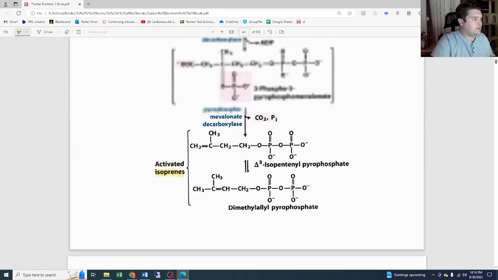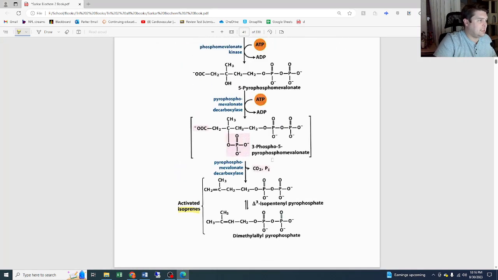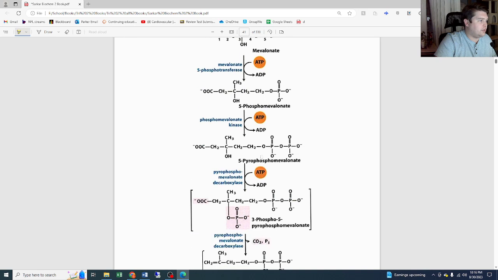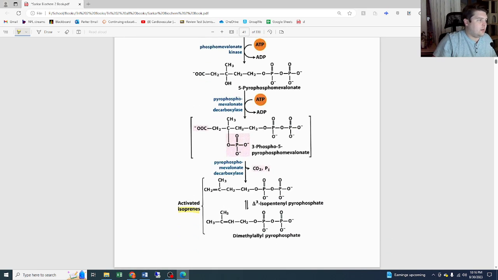And that is these steps right here. So you have the 1, 2, 3 ATPs being used. And finally, we have a decarboxylase reaction, and then we finally get our activated isoprenes, that isopentenyl and the dimethylallyl pyrophosphate.